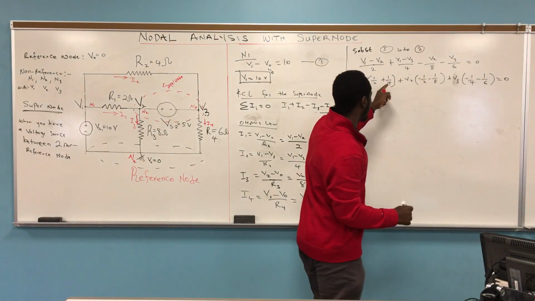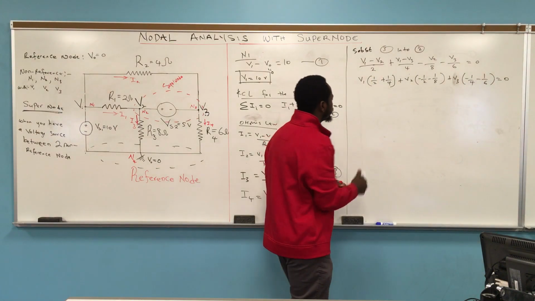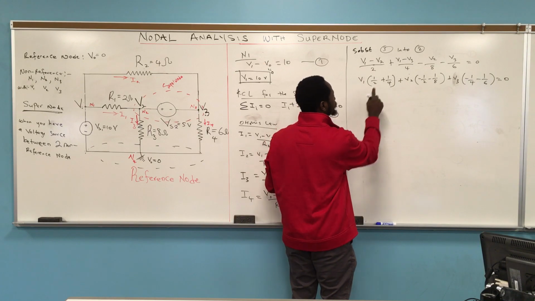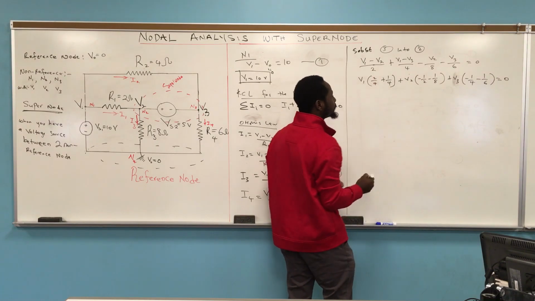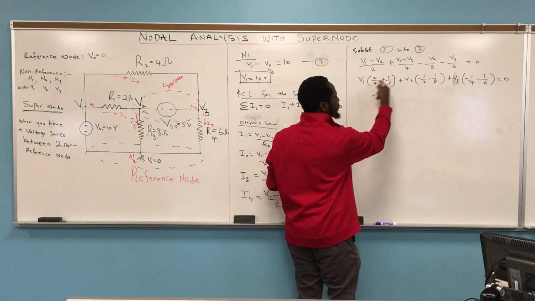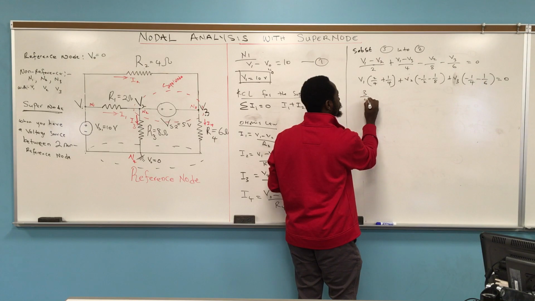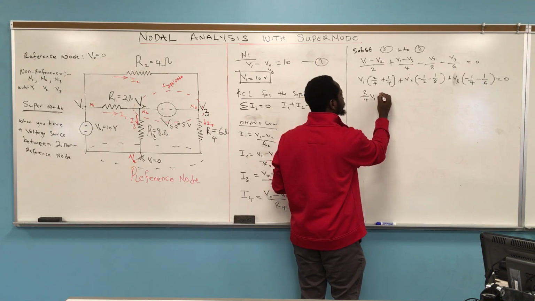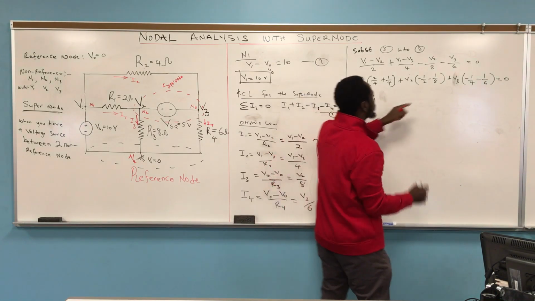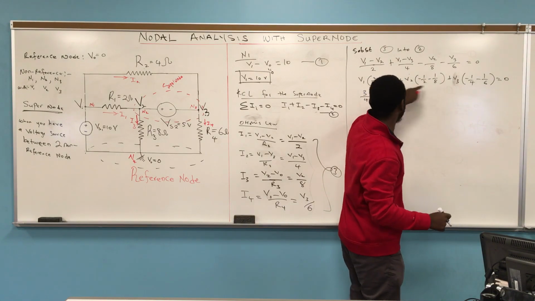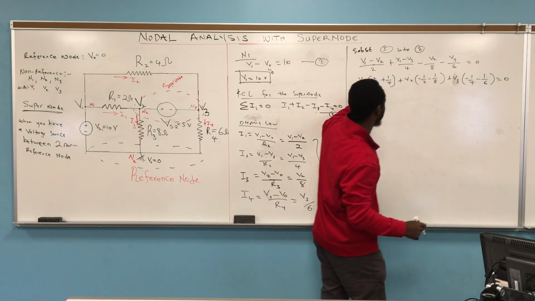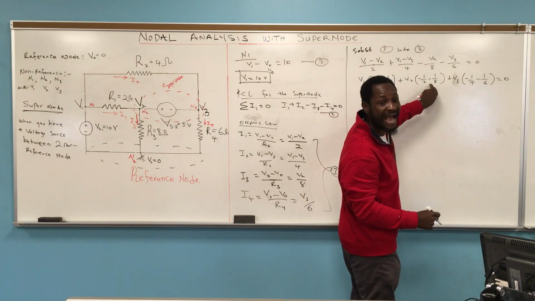I can just simplify this. 1 over 2 is the same thing as 2 over 4, so this and this will give me 3 over 4 V1. I just want the denominators to be the same for whatever I'm adding.